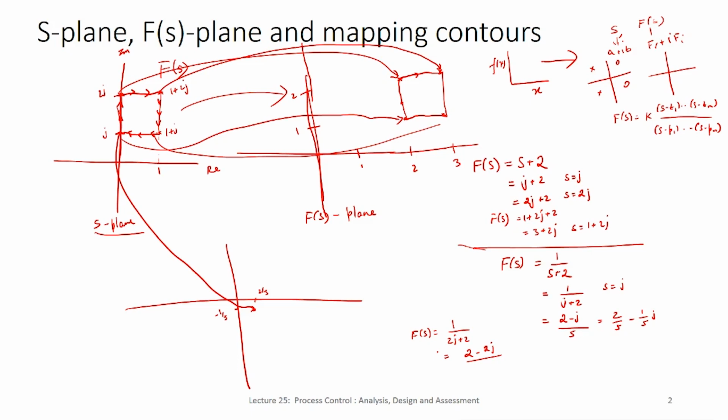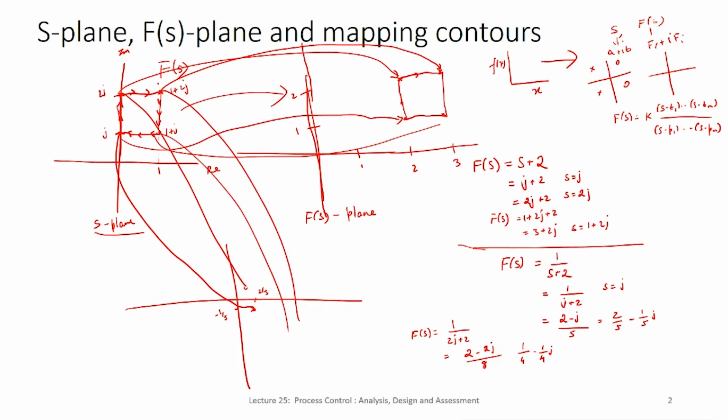So, this will be 4 plus 4, so this will be 8. So, I will get 2 by 8 minus 2j by 8, so 1 by 4 minus 1 by 4 j. Okay. So, that is another point that you can put here and so on. Similarly, you can compute for this point, and for any intermediate point, and then you will get a closed contour in the f of s plane.